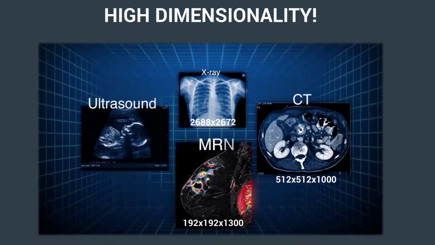For example, when we are working with an X-ray, we have a 2D image, but the matrix size of each X-ray image is about 3,000 by 3,000 pixels. And when we go to a 3D image like computed tomography or MRI, we are dealing with more than 100 pixels per dimension. So with each image, we are working with millions of pixels. So we need a lot of memory to deal with these images.